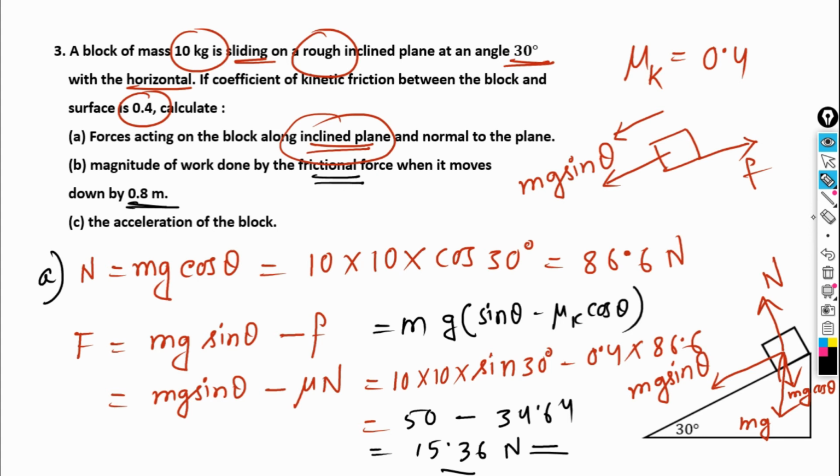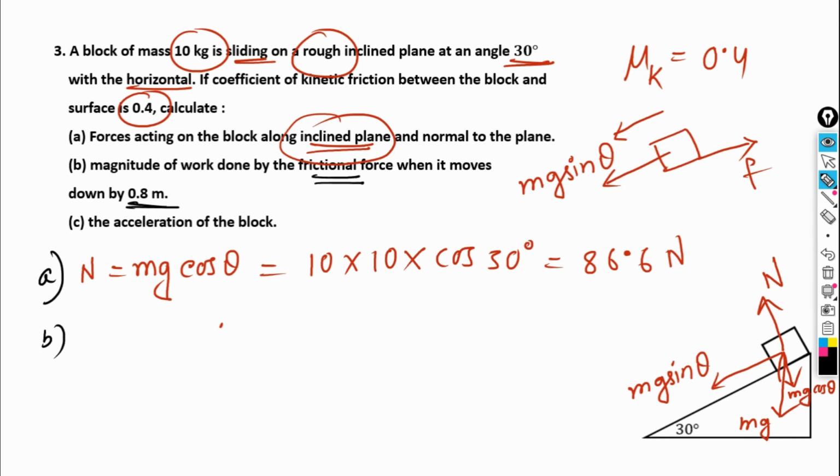For B, work done by friction. Friction is in this direction and the object is moving in the downward direction, the opposite direction, that means minus. So minus friction into displacement.